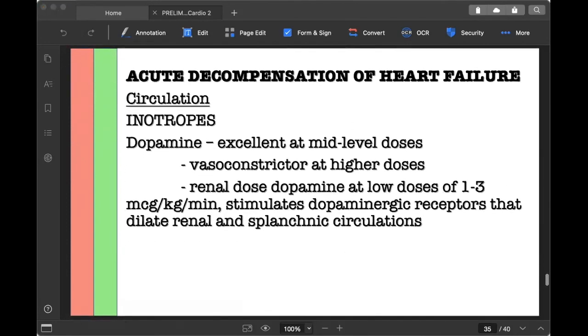How about this one? Your circulation in terms of your inotropes. We have your dopamine, and it is actually excellent at mild level doses, which can have your vasoconstrictor effect at higher doses.